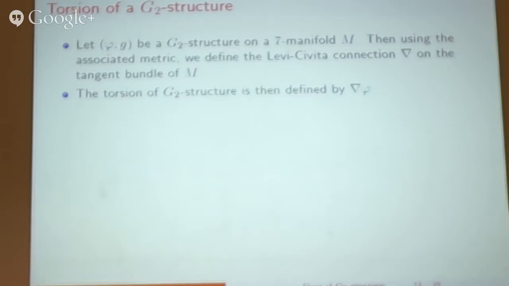In fact, we can think of the Levi-Civita connection as taking values in the Lie algebra of SO(7), but in order for it to be G2 compatible, really we need it to be in the Lie algebra of G2. So there is an extra piece, which is the obstruction to this connection being compatible with the G2 structure, and it's expressible just by taking nabla of phi.